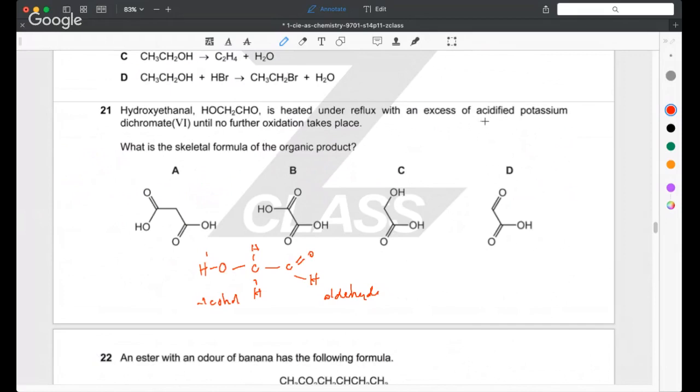And you're using acidified potassium dichromate, which is oxidizing. And it says no further oxidation takes place, so maybe there's a couple of oxidation steps that happen.